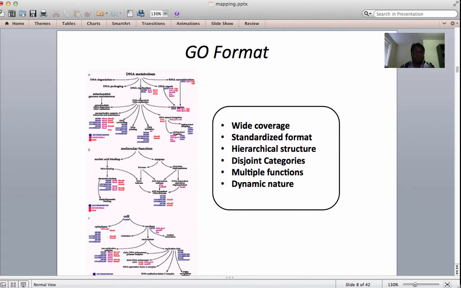Here it's pretty easy to assign functions. For example, for the molecular function, you can see nucleic acid binding, then it's divided into enzymes. So anything here is classified as this term, then as this term, and then this term. So if anything changes here, the annotation automatically changes.